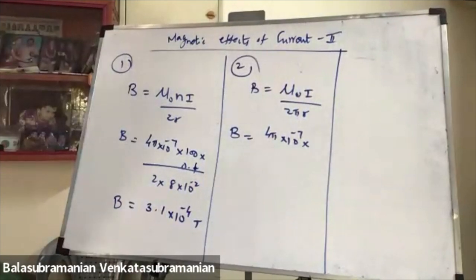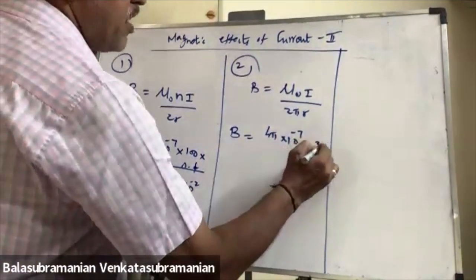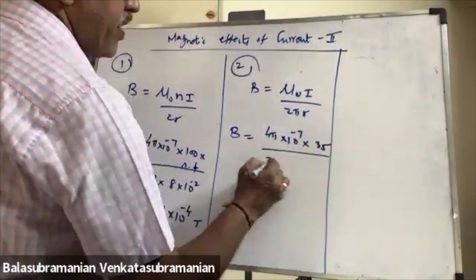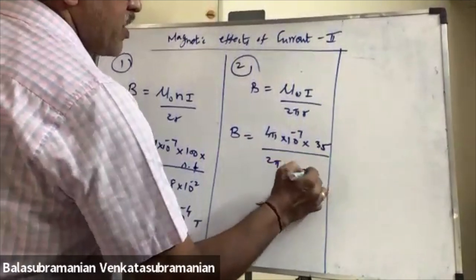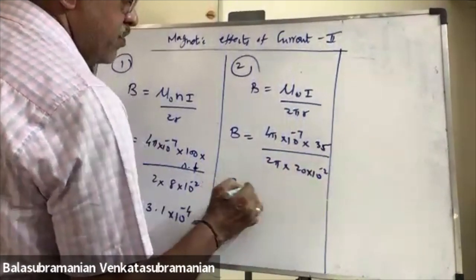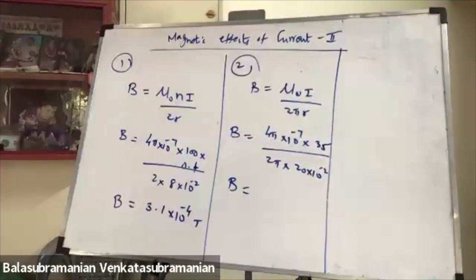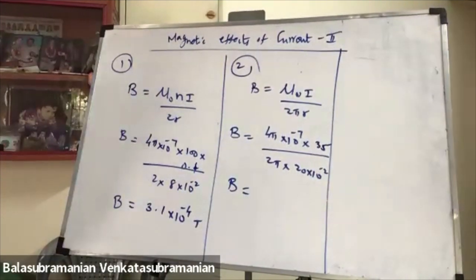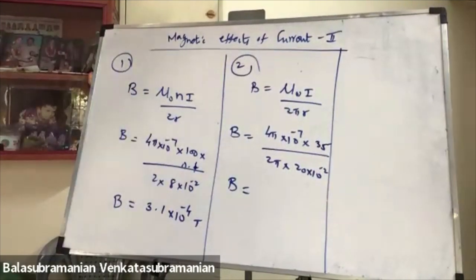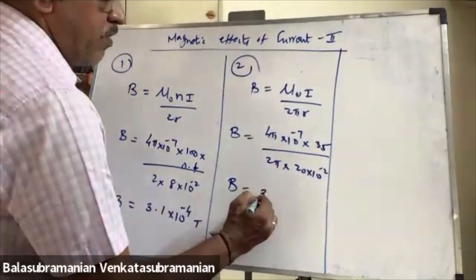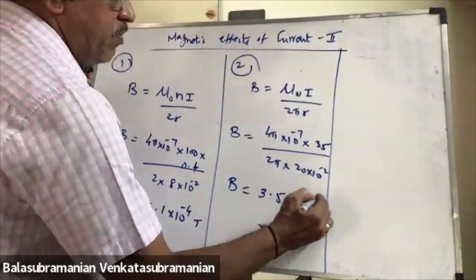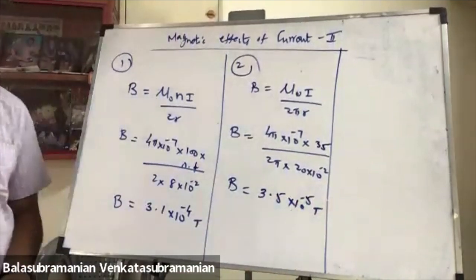Current value 35 ampere at a point 20 into 10 power minus 2. So the magnetic field value for a straight conductor is 3.5 into 10 power minus 5 Tesla.